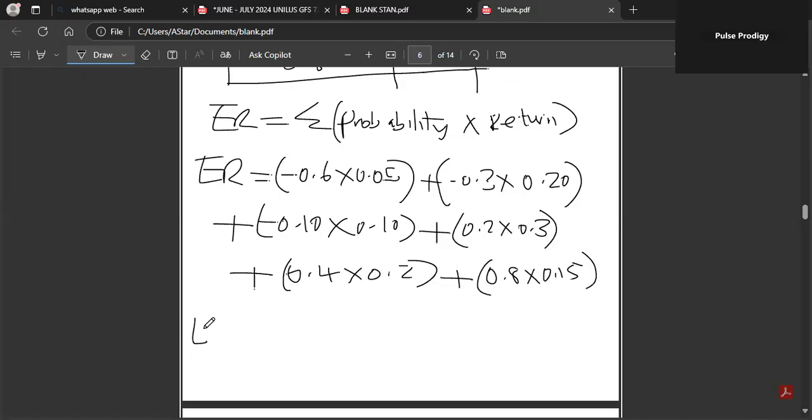So what's our expected return? Let's multiply and get the answer. What answer are we getting? I'm sure you're following, right? Okay, what answer are we getting?